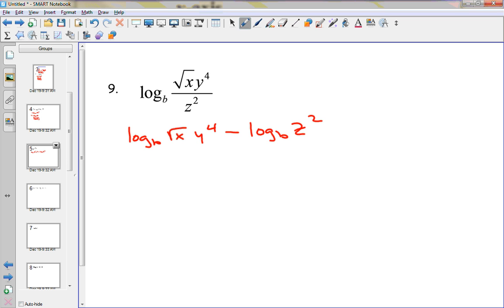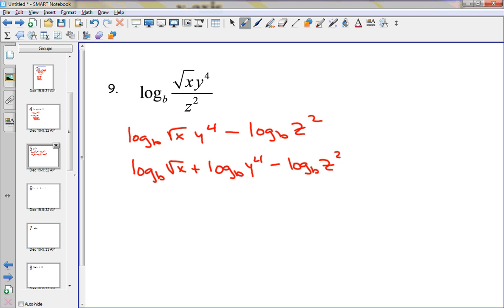The next thing you notice. Multiplication. The square root of x times y to the 4th. So in log world, multiplication is addition. So I have log base b of the square root of x plus log base b of y to the 4th minus log base b of z squared.